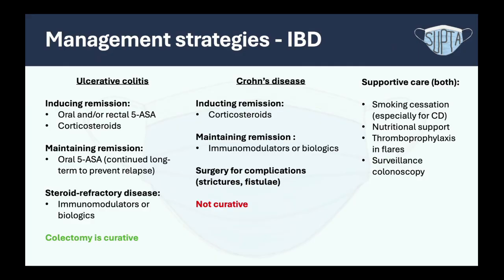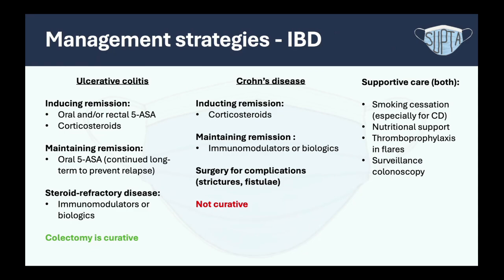To maintain remission, immunomodulators or biologics are the mainstay therapy to prevent any flares and also disease progression. And unlike ulcerative colitis, surgery for Crohn's is typically reserved for complications such as strictures or having a fistula. This is because surgery for Crohn's is not curative.